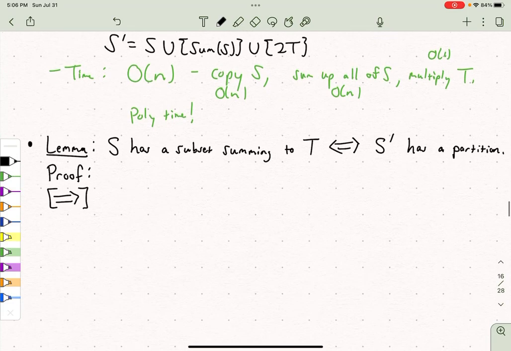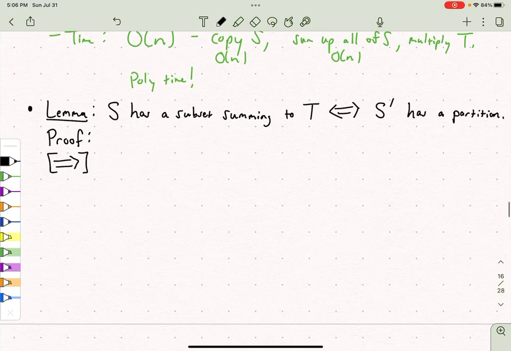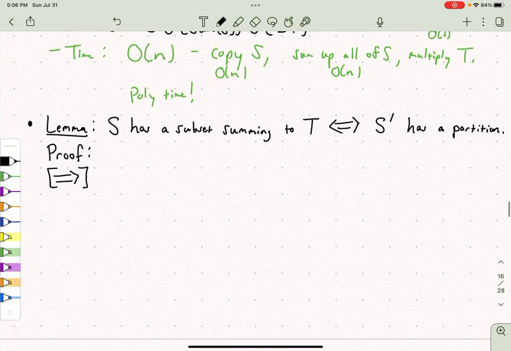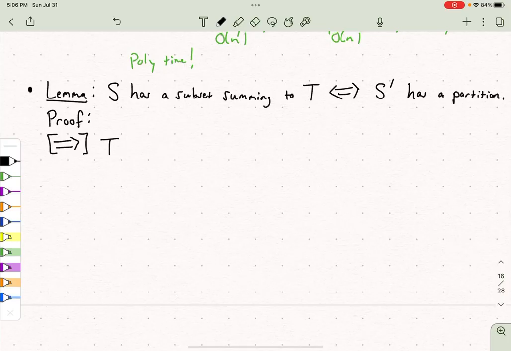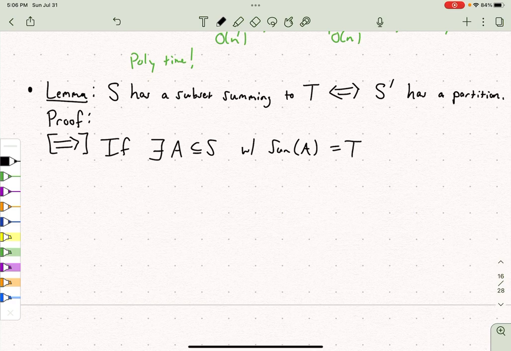Now let's prove the reduction's correct. First, let's assume S has a subset summing to T. This is basically going to be what we just said. So if there exists some subset A that sums to T, then what's the partition going to look like?